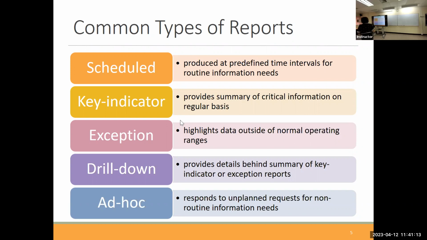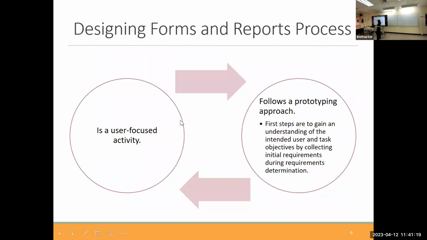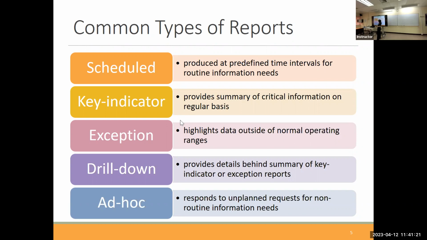Okay. So there are many types of reports you can think of, such as reports that are scheduled periodically at a certain interval. These reports need to be produced, such as weekly, monthly, or yearly reports.